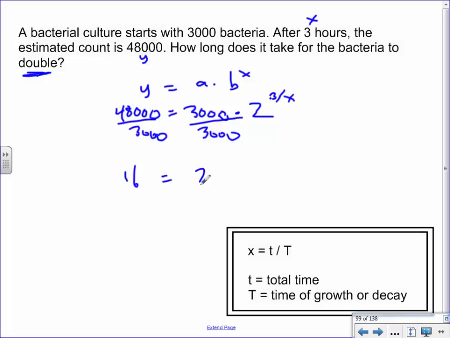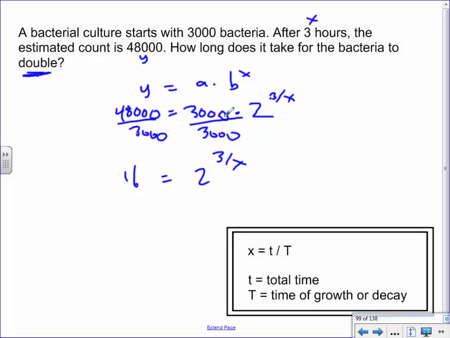16. Okay, I need to pause for a second here. This 3,000 times 2 to the 3 over x really means 3,000 times 2 times 2 times 2 times 2 times 2 indefinitely. We don't know how many times to stop. Can I combine this 3,000 with that 2? The answer is no. This 2 is being repeated indefinitely. We don't know how many times it's being repeated.